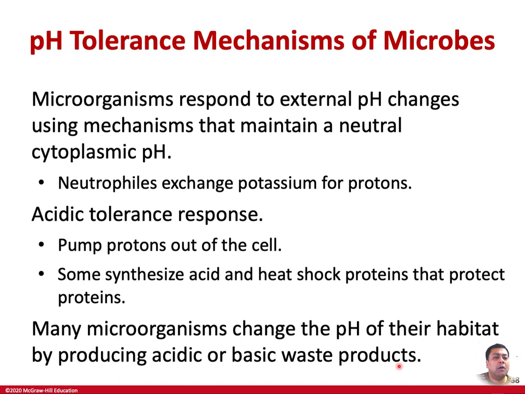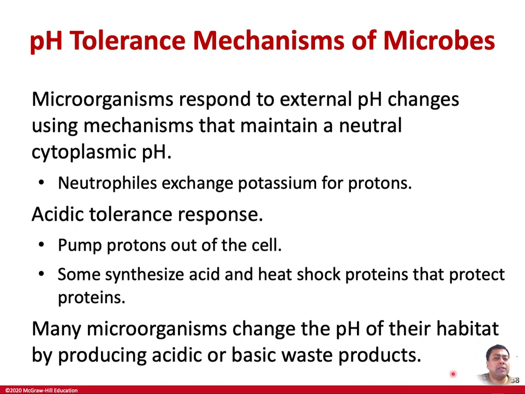A classic example of this is Helicobacter pylori, one of the causal organisms for gastric ulcer and sometimes gastric cancer. They inhabit the mucosa of the stomach wall, where the pH is close to 1 and 2. But Helicobacter pylori is not an acidophile, so how do they survive?